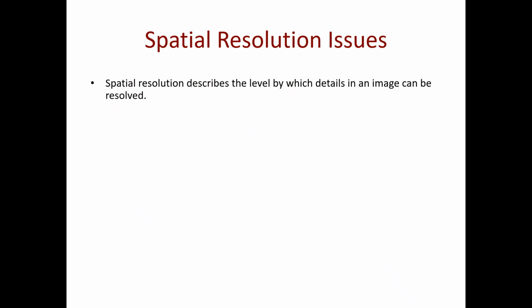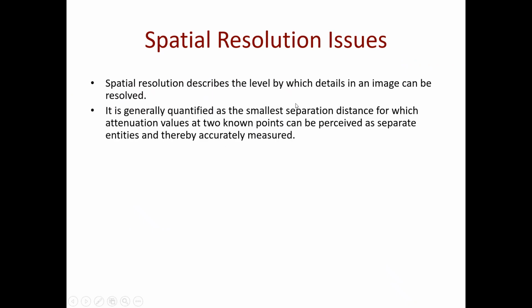So that's something to have in mind. This is sort of the level of the details that we can actually resolve. So it's typically the smallest separation distance for which I can evaluate attenuation values between 2 points as separate, okay, and accurately get accurate statistics on those two close locations.